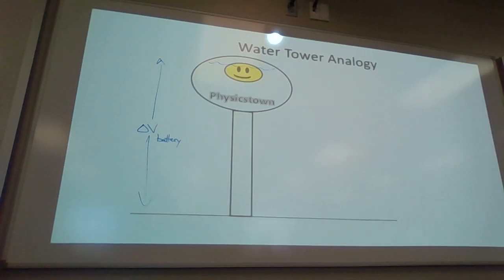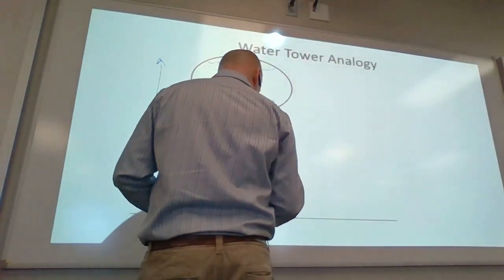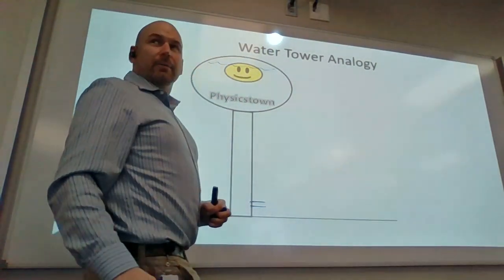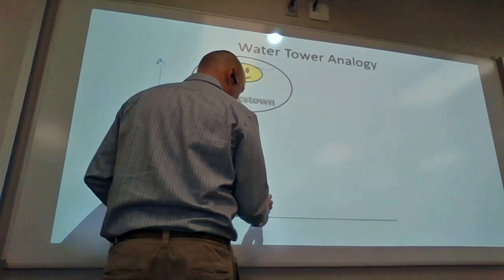Okay, it's your voltage gain. The higher the water tower, the more pressure there is, the more motivation there is to flow. All right with that? And so if we punch a hole in our water tower, water is going to come out. Okay, there's a motivation.